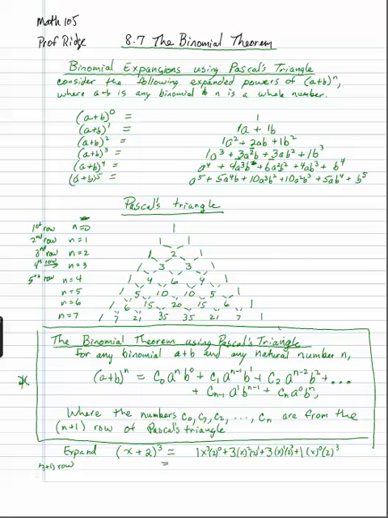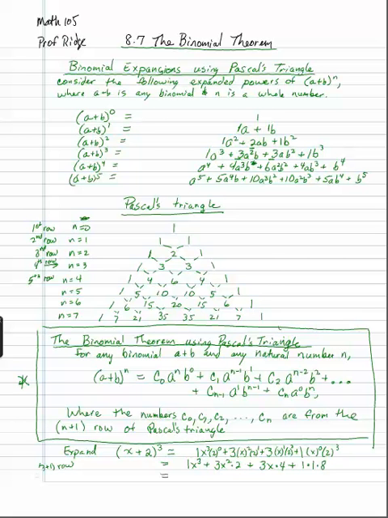So we're going to get 1x^3 + 3x^2 times 2 + 3x times 4 + 1 times 1 times 8.